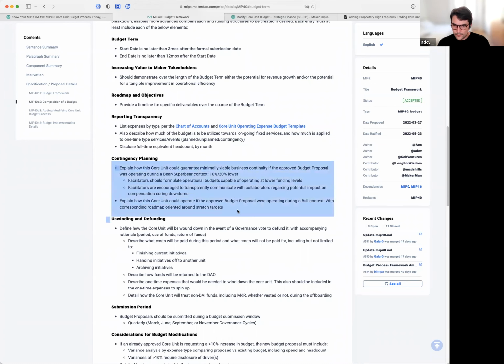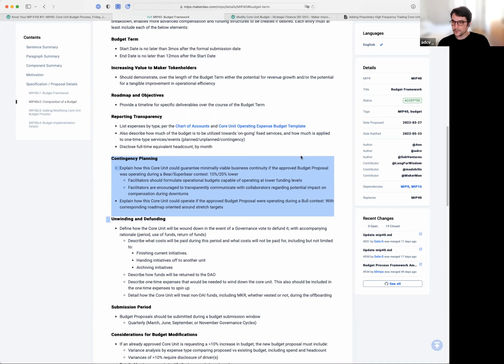Contingency planning is another new thing that we introduced, because there was a lot of discussion on those first quarter budget requests related to people getting nervous about the market turning and seeing budget increases, probably related to the lag effect that I discussed earlier.